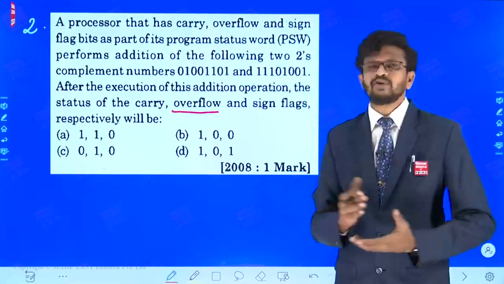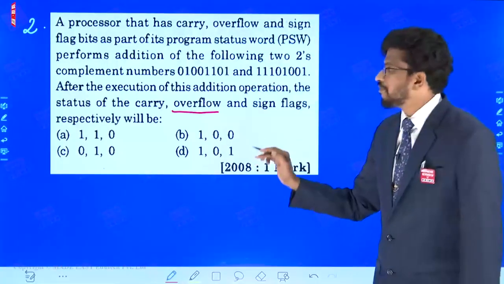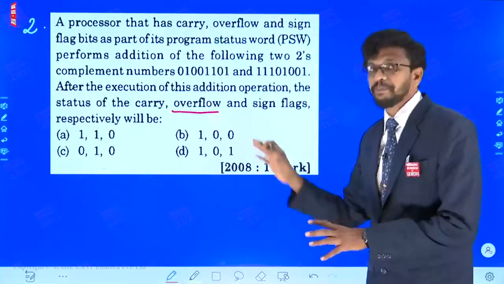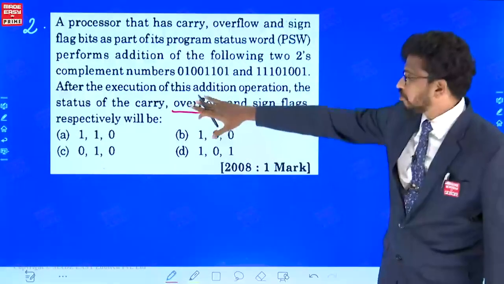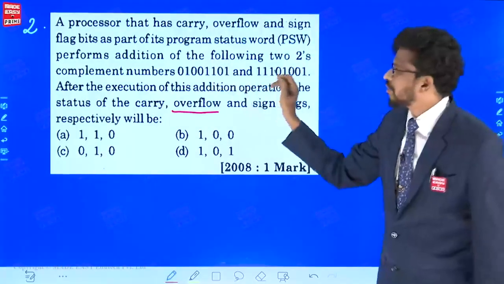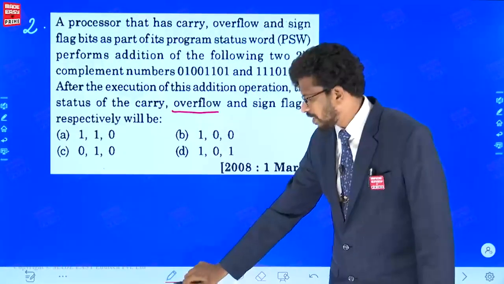If only one happens, overflow is 1. So always keep in mind that when the question talks about overflow, solve it in binary, with individual bits. If overflow is not asked and only carry or sign is asked, simply convert directly into hexadecimal, perform the addition, and you'll get the answer. Let me solve the question.